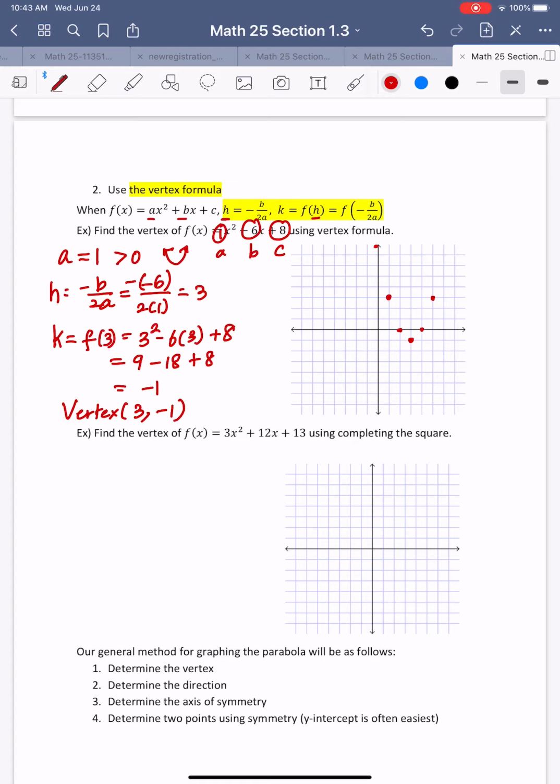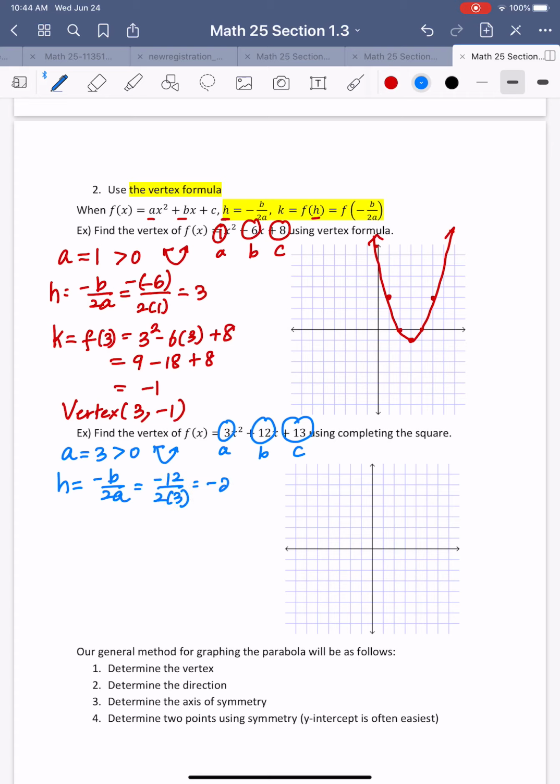Same thing here too. So a is 3 this time, which is positive, so it's an upward parabola. Vertex h is negative b over 2a, where a is 3, b is 12, and c is 13. So negative 12 over 2 times 3 is negative 2.